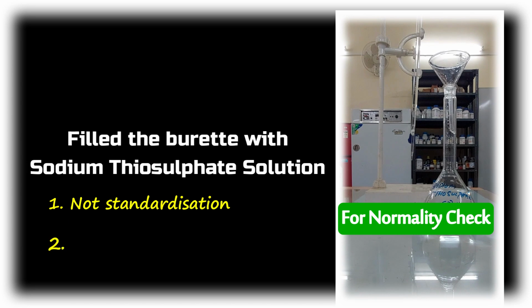Possibility number two is that after the sodium thiosulfate solution is prepared, it is standardized against potassium dichromate. Through this standardization, you'll be able to find out the exact normality of the sodium thiosulfate solution prepared. Whatever value you obtain will be used as the normality of the sodium thiosulfate solution, and it will be used later on in the calculation stage.